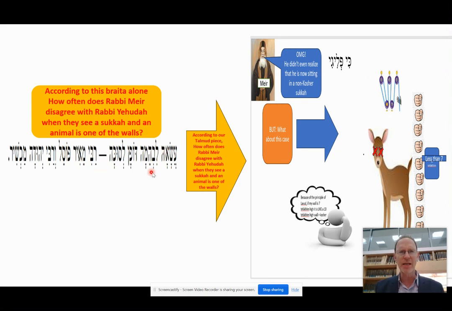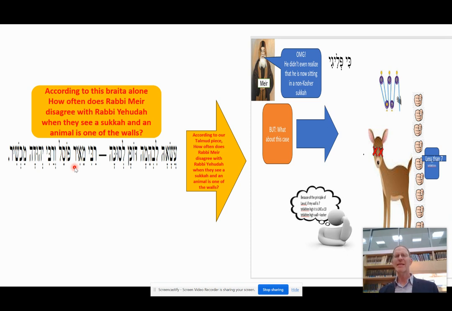Nothing else that comes next. Every time Rabbi Meir sees a sukkah that has an animal as a wall, what is he calling that according to the breita? He's saying, question number 26, that sukkah is what? And every time Rabbi Yehuda sees that exact same sukkah, what is he saying? That sukkah is 27.